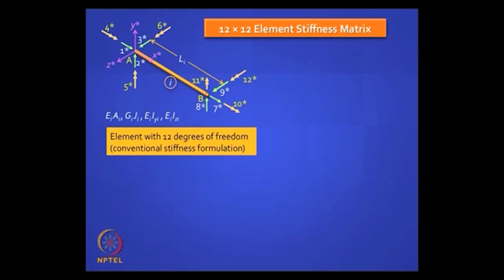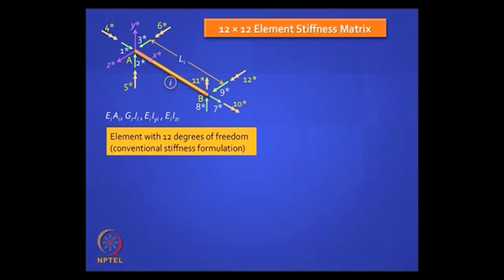So this is your element, okay. This is the element with 12 degrees of freedom. Look carefully, degrees 1 star and 7 star refer to axial degrees of freedom. That is what you had in your axial element, in your truss element, you had only that.